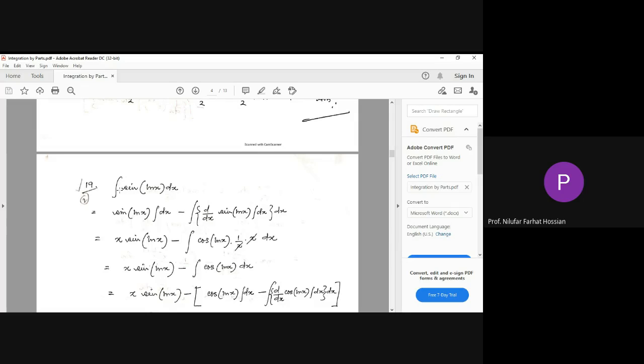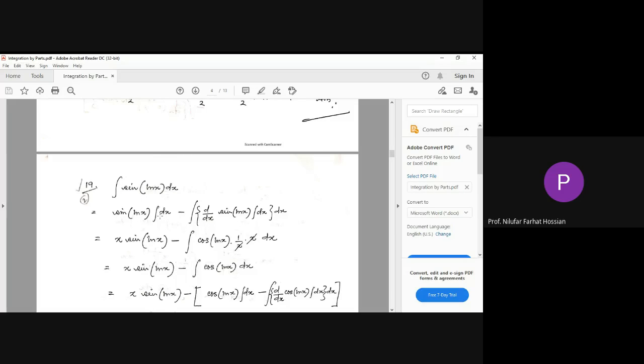And there is no other function here, so you just consider a 1 here. Integral of 1 into sine of this. And then you have to take this sine of ln x as your first function and 1 as the second function. Very important. So sine, first function, this is your first function into integration of second function.